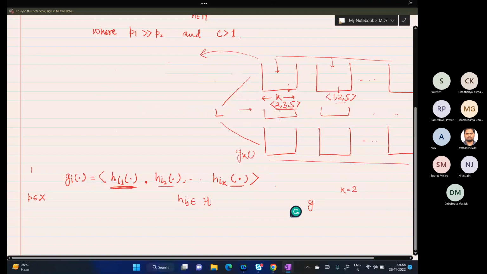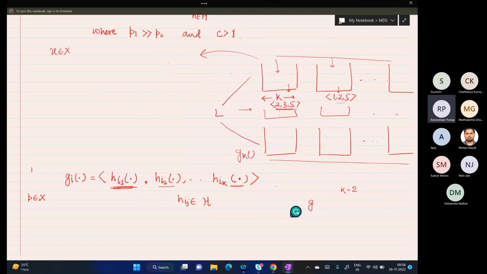So suppose we get some point u. First we'll see where it is located in the first row of buckets. So for that we'll calculate g1 of u, and suppose that value is maybe 235, for example. In that case, u will be mapped to this bucket. Now we'll calculate g2 of u to see in which bucket it falls in the second row of buckets.